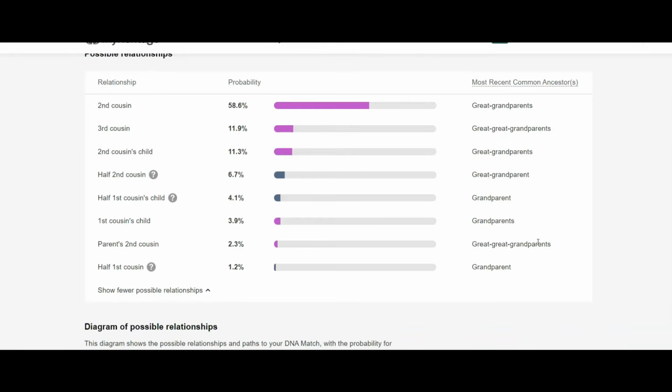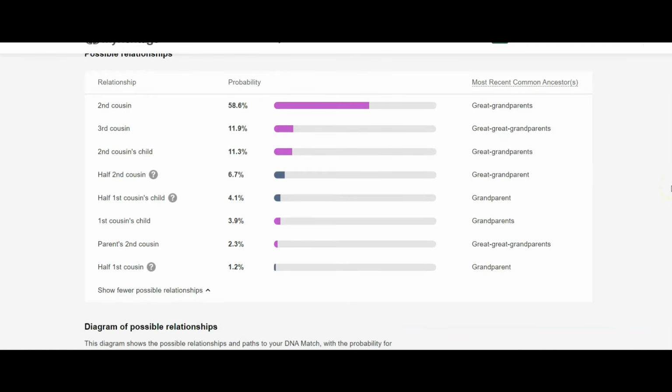Now, there are other possibilities, but they are dramatically lower percentages, but it gives me a starting point to look at. As I said, she has a small tree, and if I have even one date and a name, or one date and a place, I can usually build a tree for them.